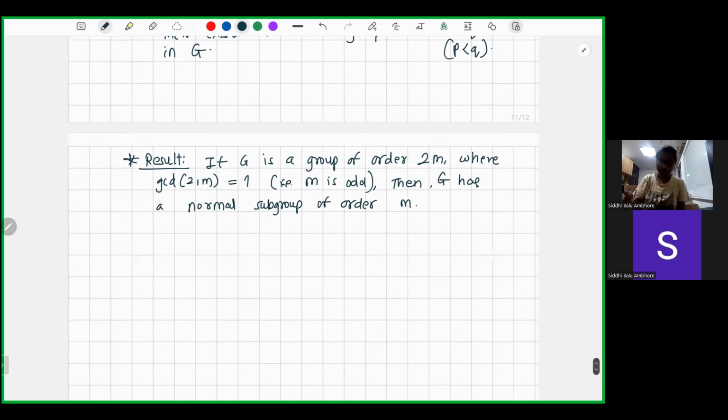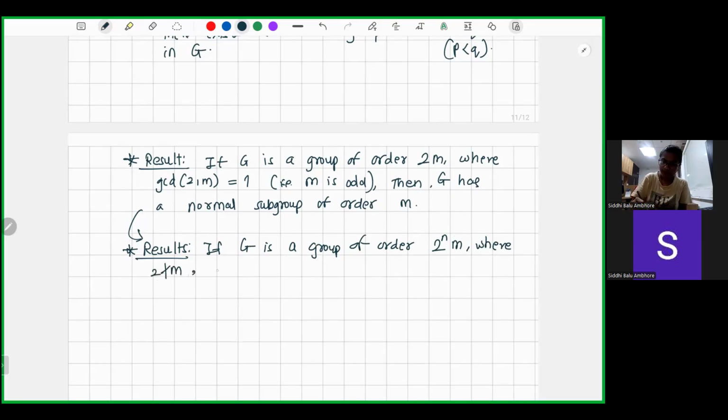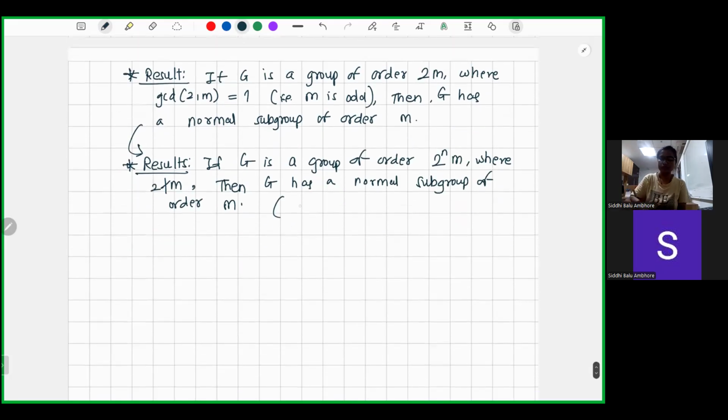And in fact, there is also a generalized result which states that if G is a group of order 2 power n times m where 2 does not divide m, then again G has a normal subgroup of order m.